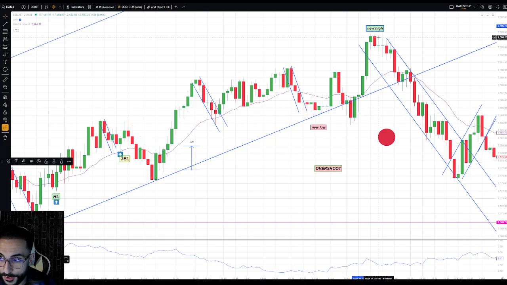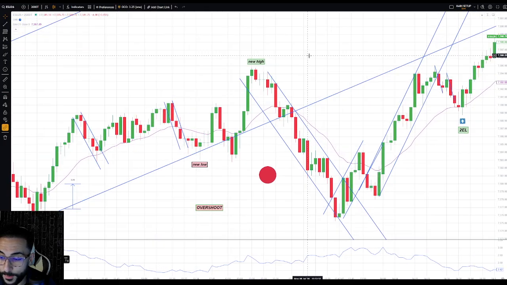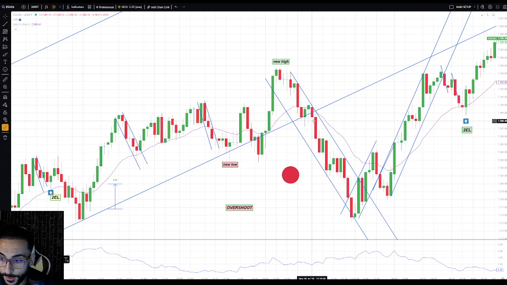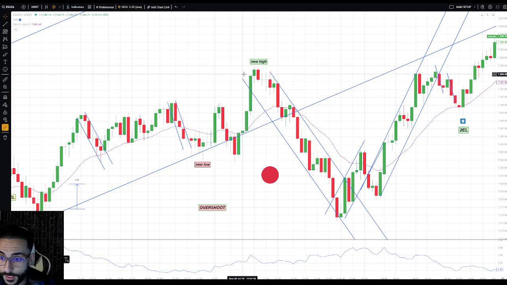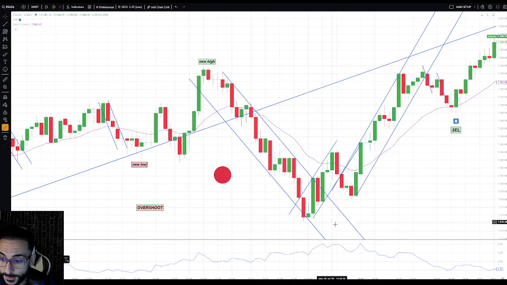So we broke the structure, we made a new high. Now we must pause looking to go long, and we can expect three things to happen: reversal, continuation, or we can expect a consolidation. So as you can see, as soon as we made a new high, we had a very strong downtrend leg down.